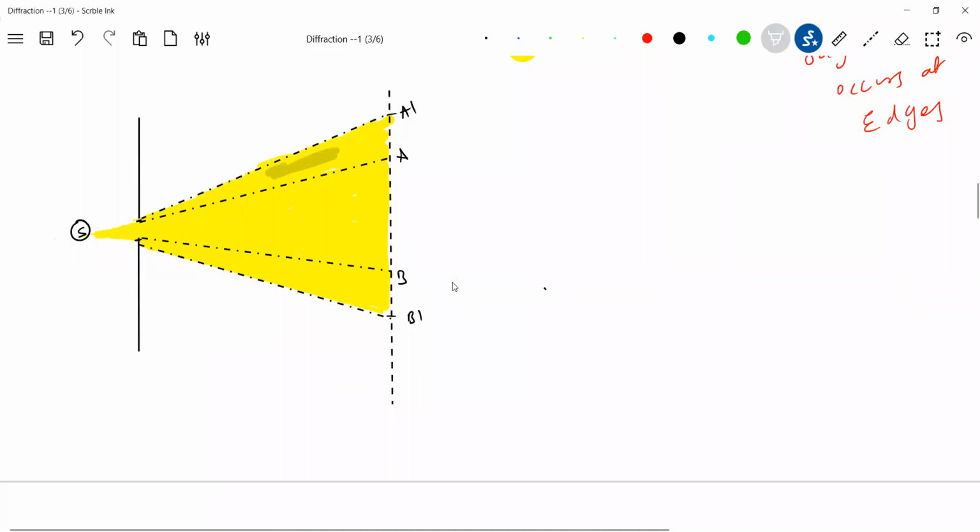It will not be completely bright there. Some amount of light will enter into A dash, and some amount of light due to diffraction at the edge of the slit will enter into BB dash. The complete dark is where we see afterwards, after BB dash.